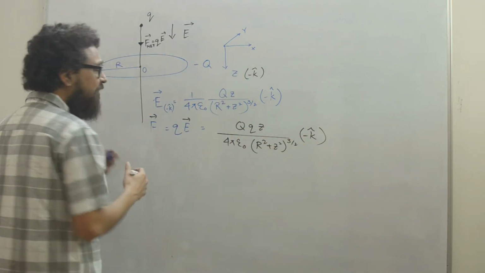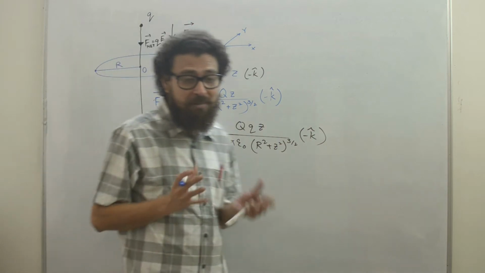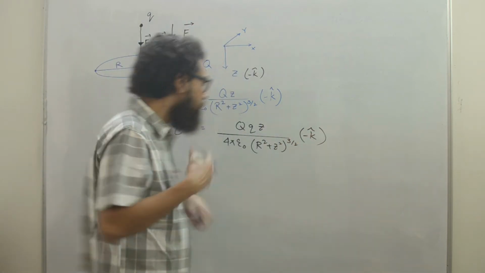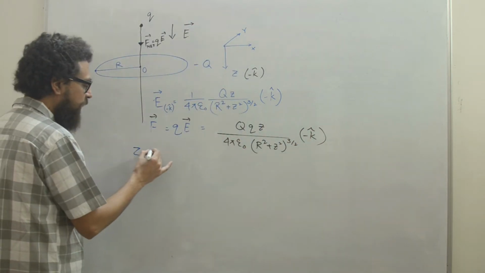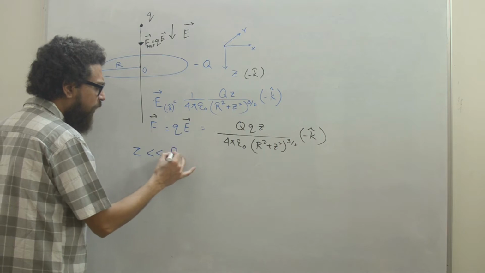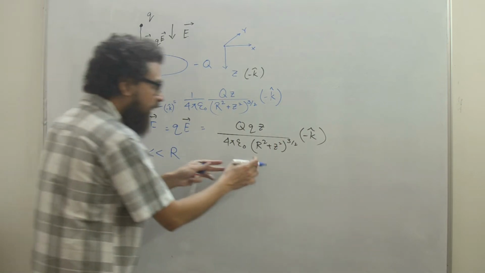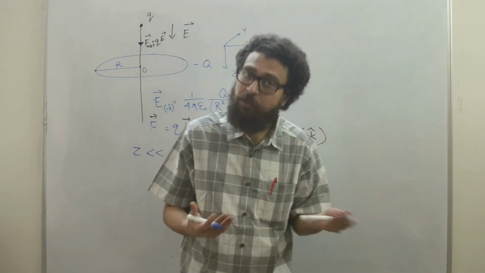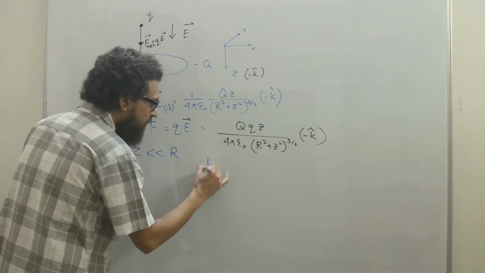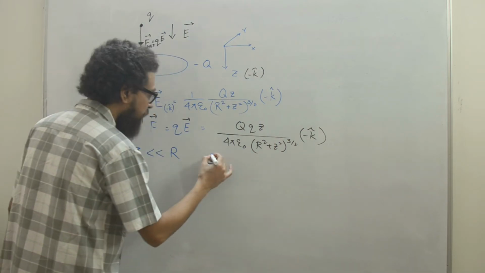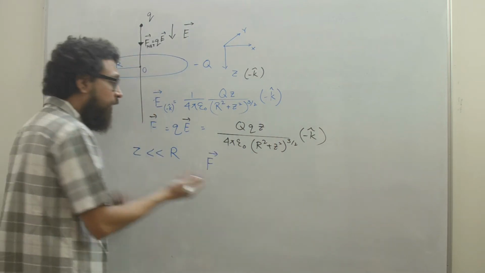Now you have been given a gentle push, and this is a ring and it's not very far. So we can easily assume that z is much smaller than capital R. So obviously R square plus z square will tend to R square itself. So what is the limiting value of the force? Because we have taken a limit here.